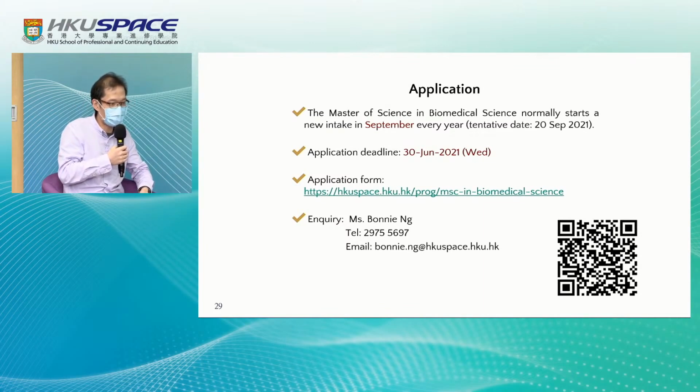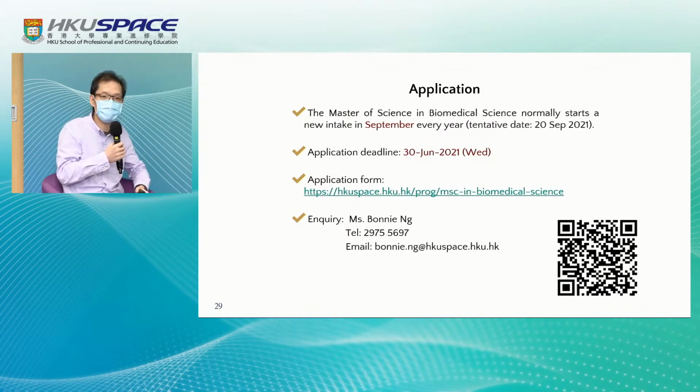You can find more information and the application form on our website. All the information is there. My colleague, Dr. Chao, has kindly prepared this QR code, so for those online, maybe scanning the code would make it easier to find more information.